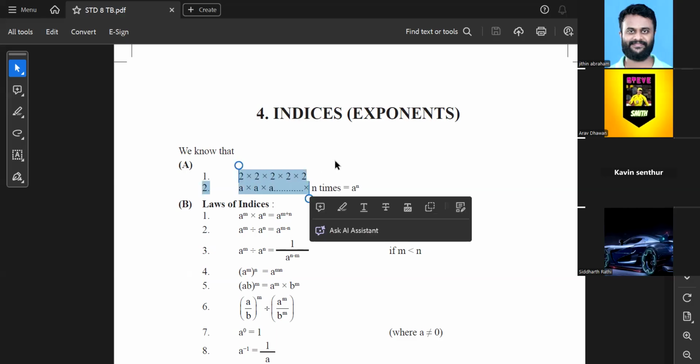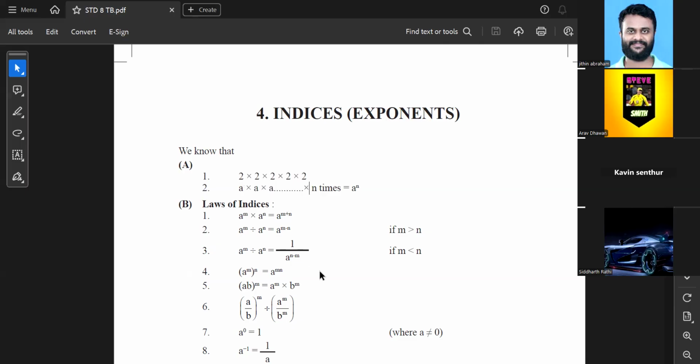You multiplied 2 for 5 times. Now, when you're multiplying the same number n number of times, in this case 2, you can write this number as 2 raised to 5. So this is called an index.